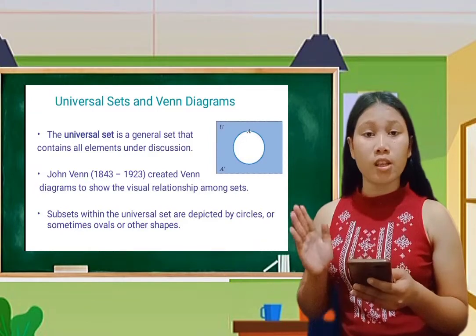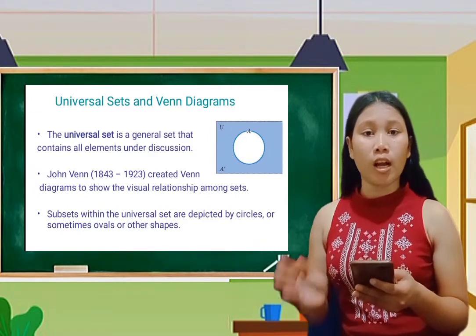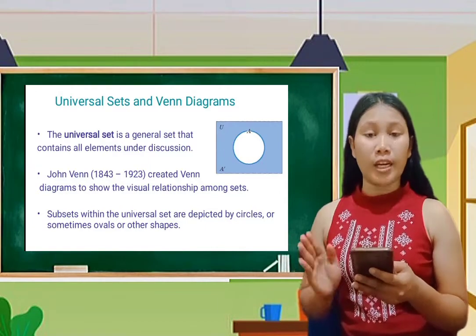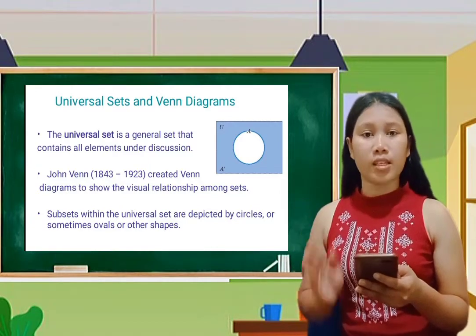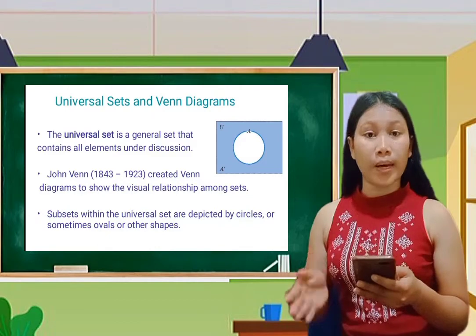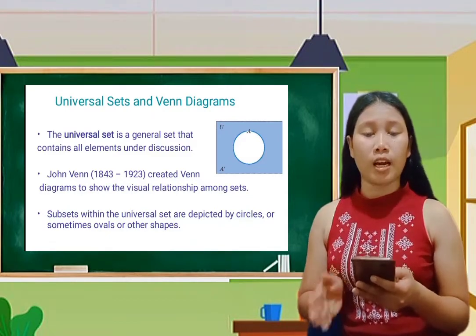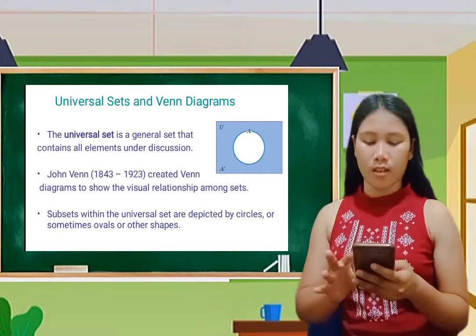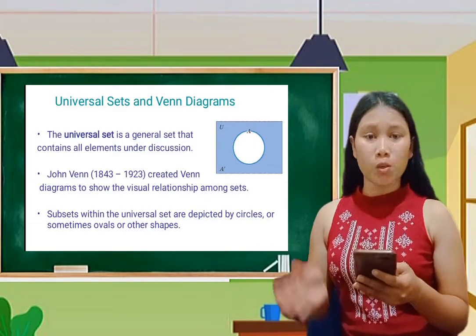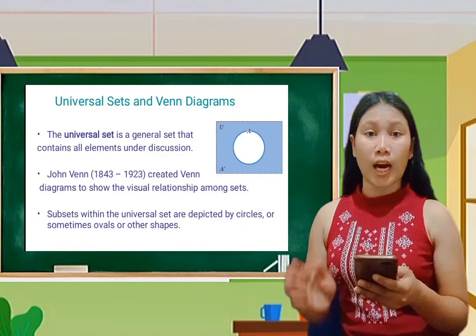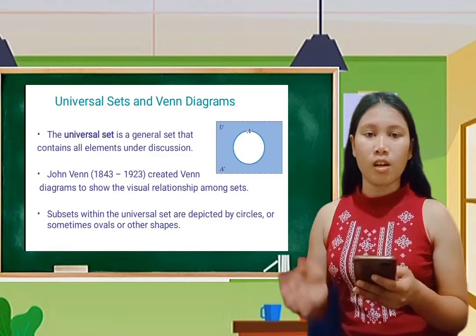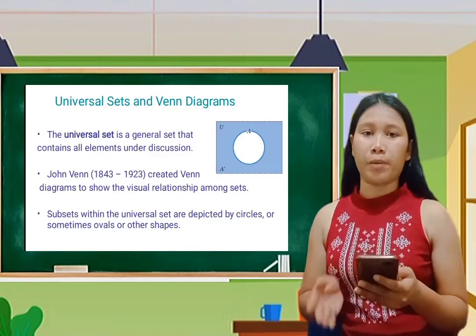Universal set, this is the general set that contains all elements under discussions. In other words, a universal set is represented by a rectangle. So kung ano nakapaloob dyan sa rectangle is the element of universal set. So, subsets within the universal sets are depicted by circles or ovals or other shapes.